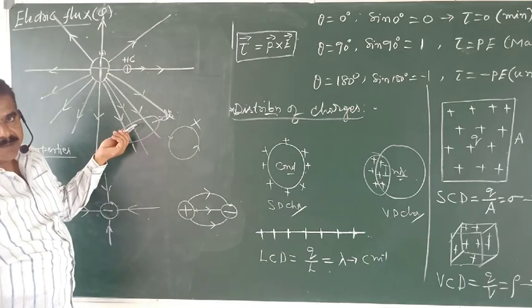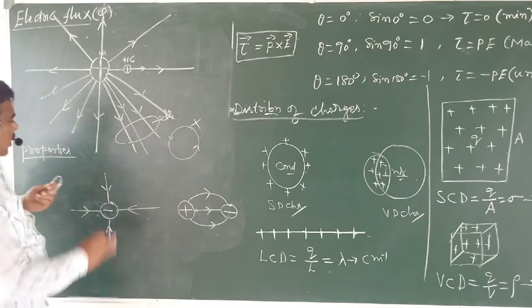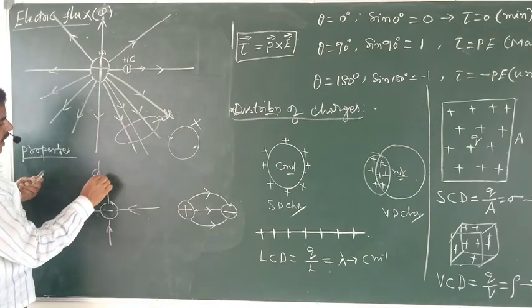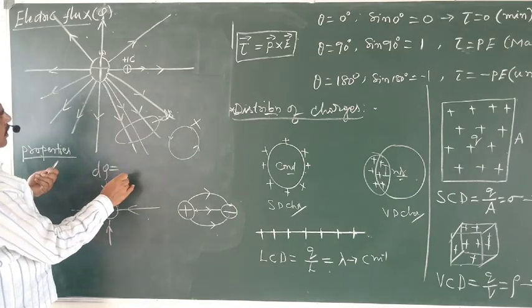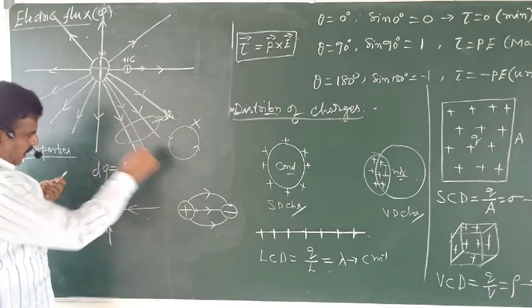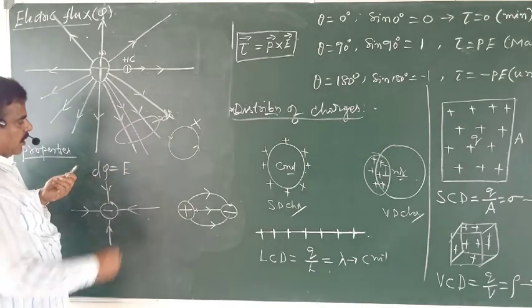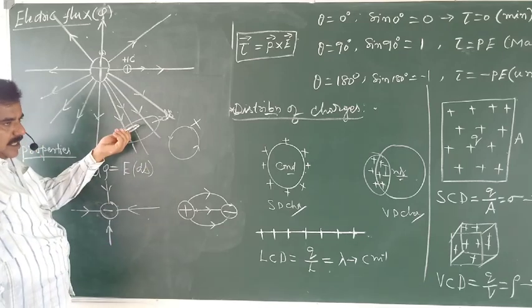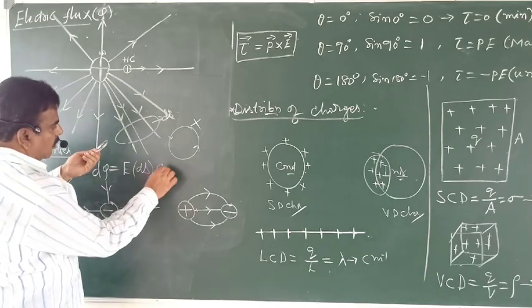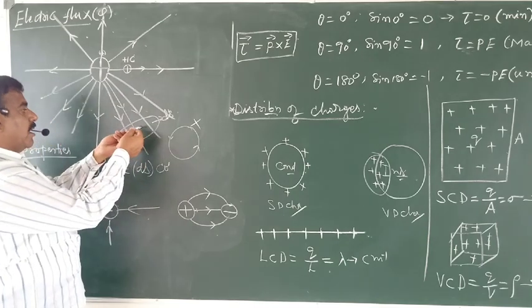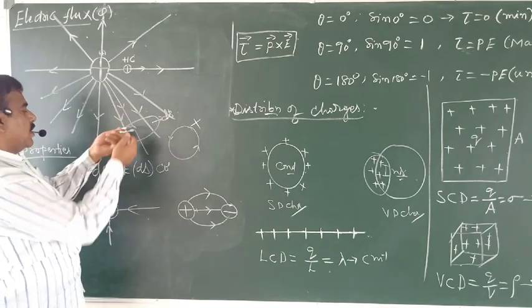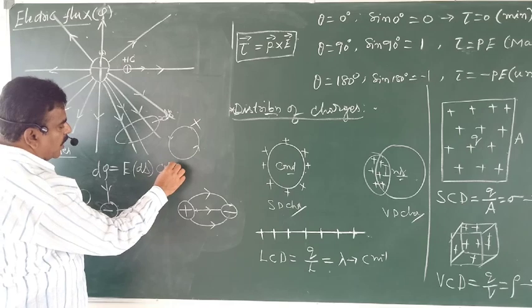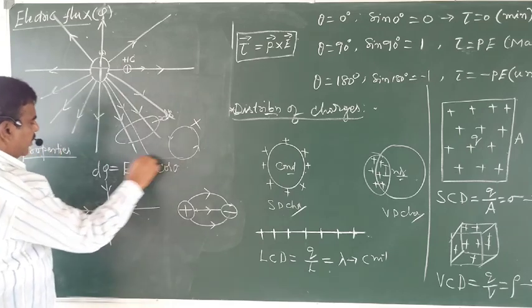Think properly. The flux through an area depends on electric intensity, that is one factor. The second is the area considered. The third is the orientation of the area, how the area is oriented to this field, which is measured by cos theta.